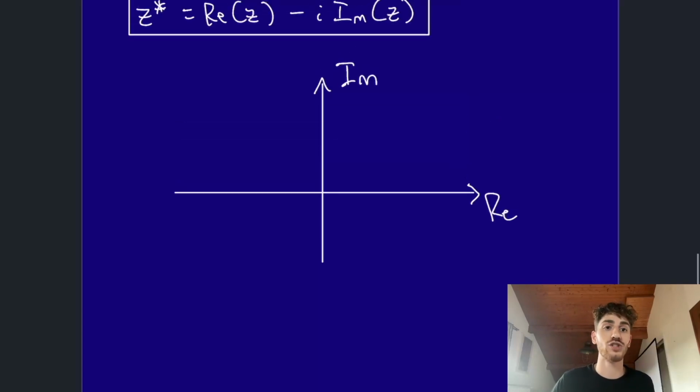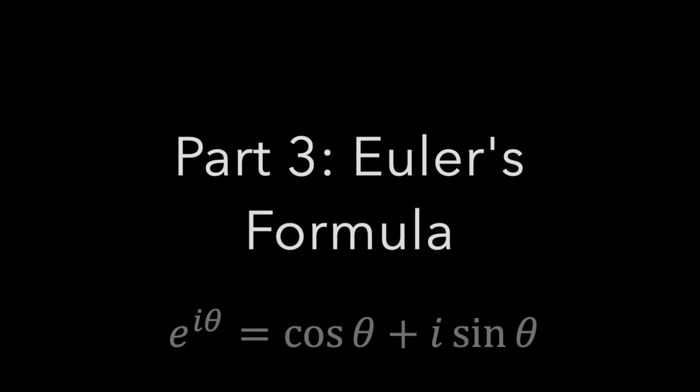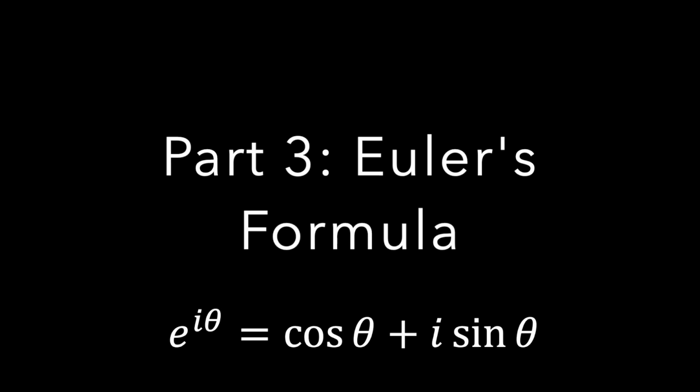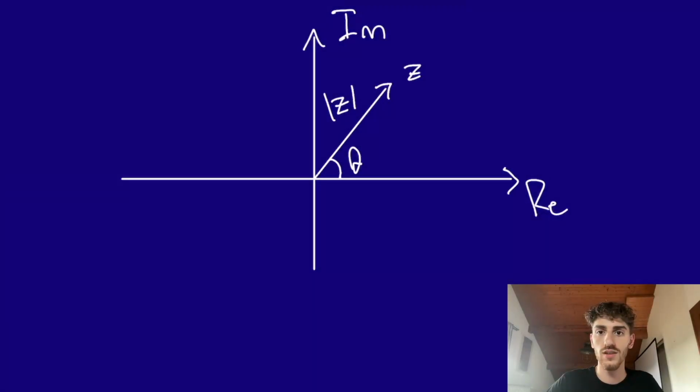Okay, so now let me show you Euler's formula and why this makes working with complex numbers so much better than sticking to only real numbers. Okay, so let's go back to this vector picture, okay? And this time, I'm going to write out z in terms of the angle theta.